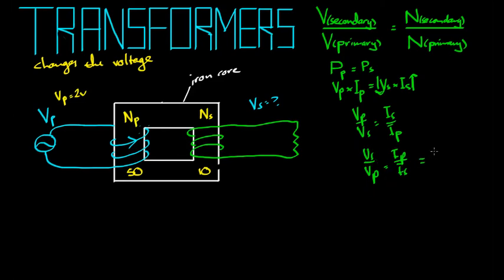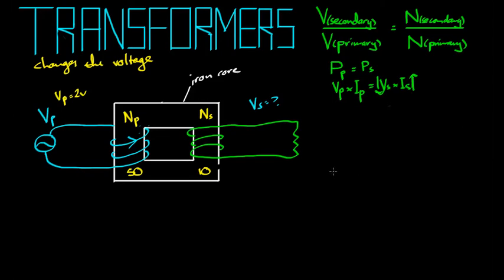Vs on Vp is equal to Ns on Np. So the other formula we could use is that the ratio of the secondary number of loops to the primary number of loops is equal to the ratio of the primary current to the secondary current. Whereas notice here it's primary current and secondary voltage on top over there. It might be easier just to use this formula here, at least that's what I think.